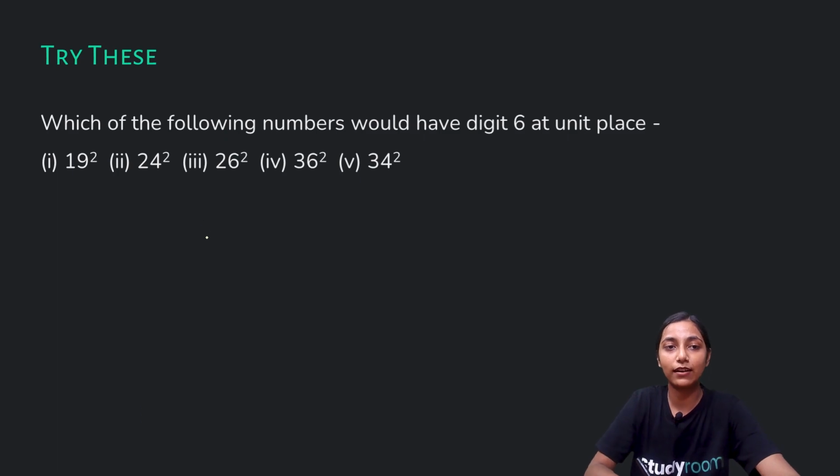Let's try a question related to it. Which of the following numbers would have digit 6 at unit place in its square? We need to find the squares of these given numbers and check which square will have the digit 6 at its unit place.